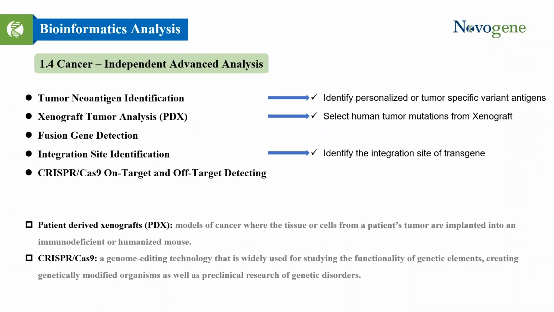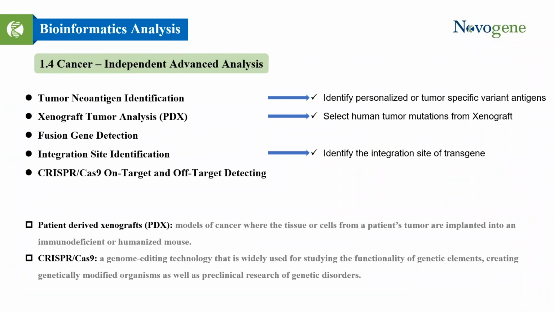Apart from the 3 packages above, we have independent advanced analysis. Our tumor neoantigen identification enables us to identify personalized or tumor-specific variant antigens. To select human tumor mutations from xenograft, we have xenograft tumor analysis, in short PDX.